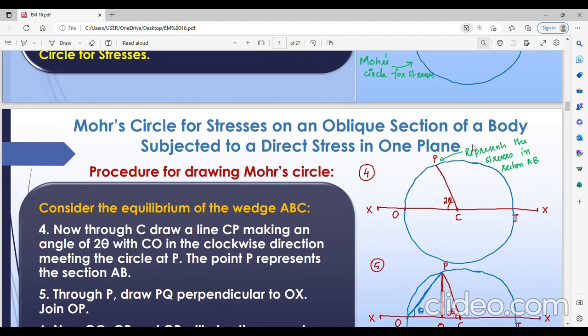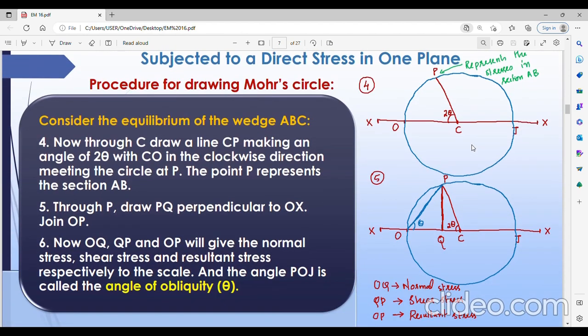Got it? Okay. Now what is the next step? In the question you will be given another value, that is theta. How much is the theta? It will be given to you. So you have to take 2 theta, 2 into theta. For example, if theta is given as 30 degree, then 2 into theta is 60 degree.